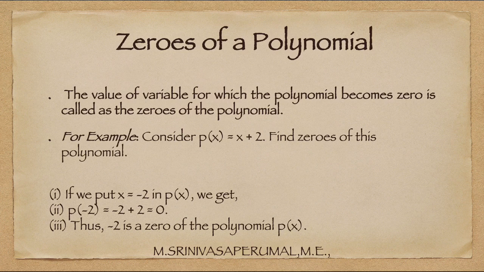Next one, zeros of a polynomial. The values of the variable for which the polynomial becomes 0 are called zeros of the polynomial. Consider the given example x plus 2. Find the zeros of the polynomial. The given equation is linear because the power is 1. Linear means it's very simple. Just equate the entire expression to 0. x plus 2 is equal to 0, then x is equal to minus 2.